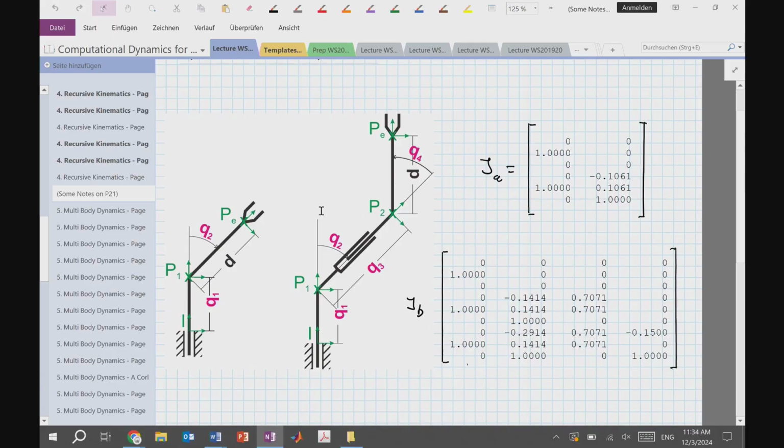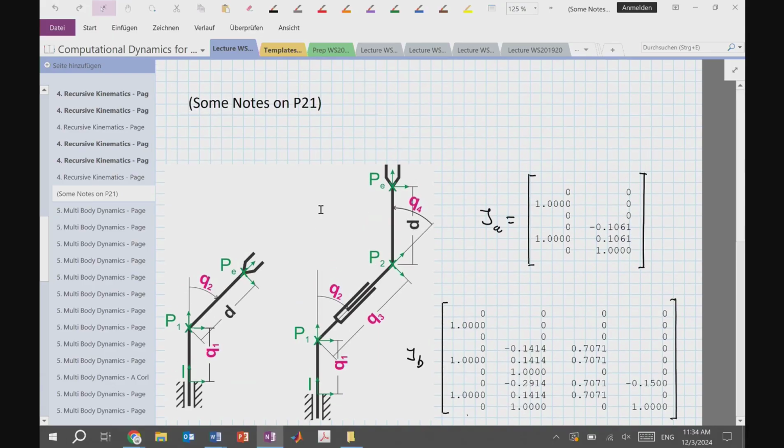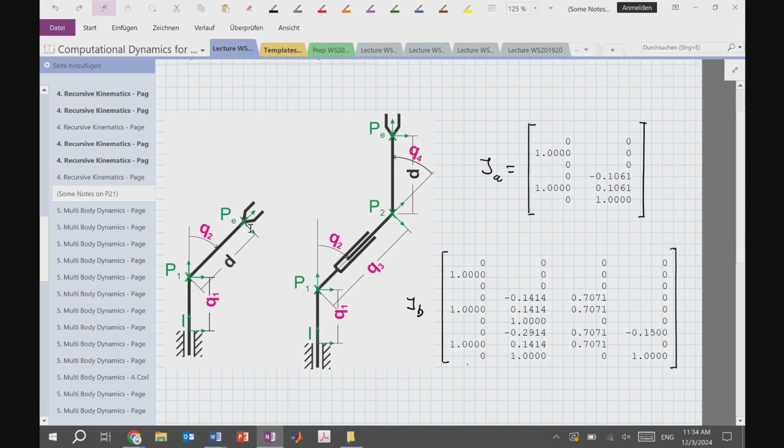But the part that I want to talk about today is these two simple cases in problem 21, where I ask you to write an expression for the position and orientation of the end effector and these intermediate points. I call them here points, but the Cartesian information is always three-dimensional: x and y position and a rotation angle.